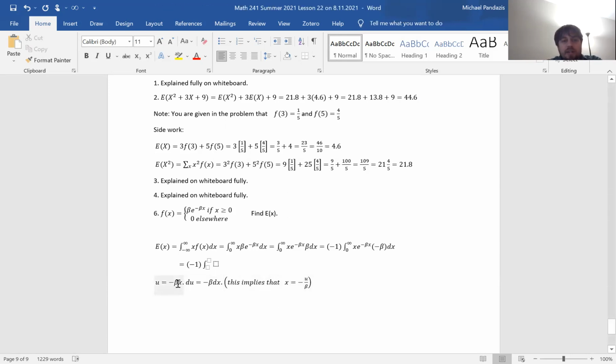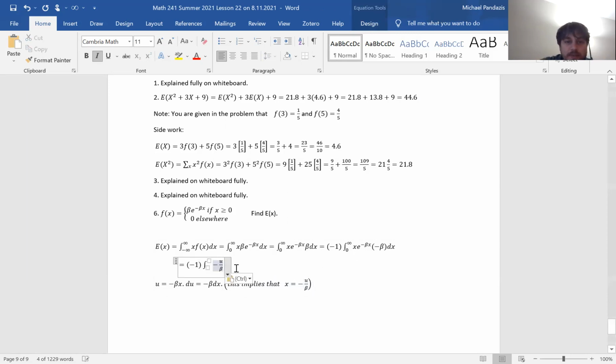Okay, because solving for x, we divide by negative beta, and we get x equals negative u over beta. Because I'm going to substitute that here. So x here is negative u over beta. So that is x. Then e to the negative beta x.